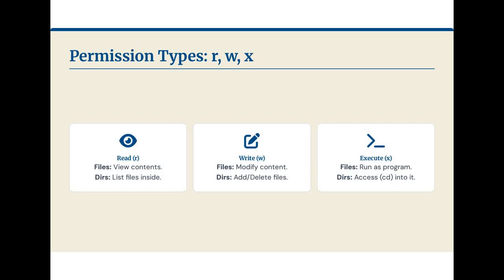If it is a directory, R indicates to list the files inside the directory. W indicates you can add or delete files from that directory. Execute indicates you can access into the directory by using the command cd. cd stands for change directory. You can enter into the directory.